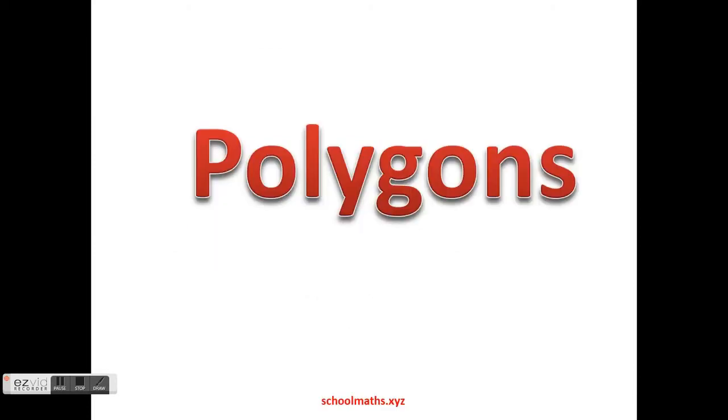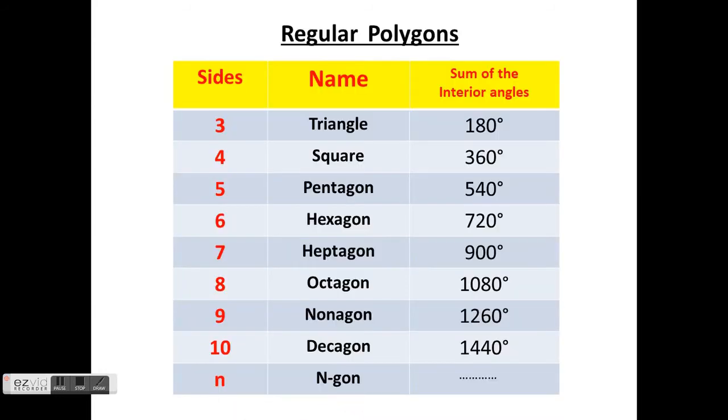Now polygons. See, we have got so many polygons. With three sides we call it a triangle, 6 sides hexagon, 10 sides decagon, like that. And the sums of the interior angles are given. For a triangle we know it is 180 degrees.